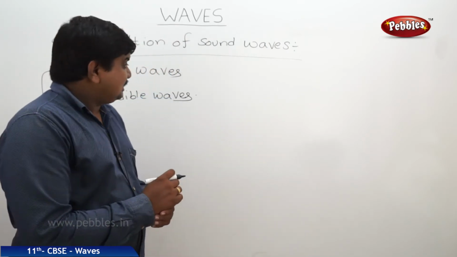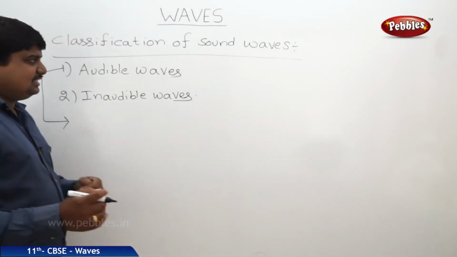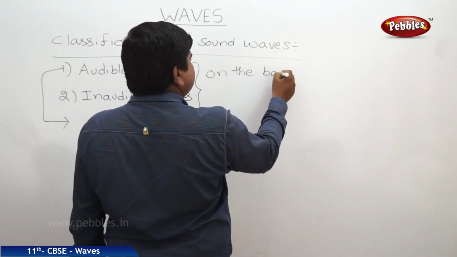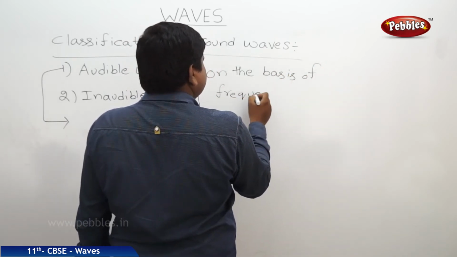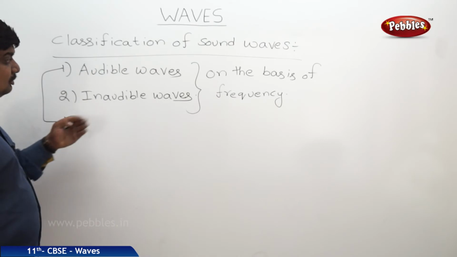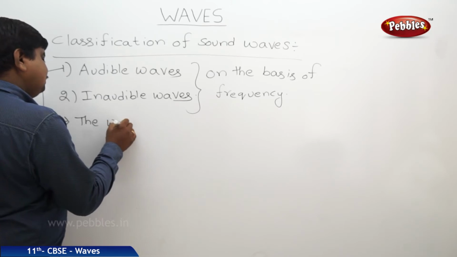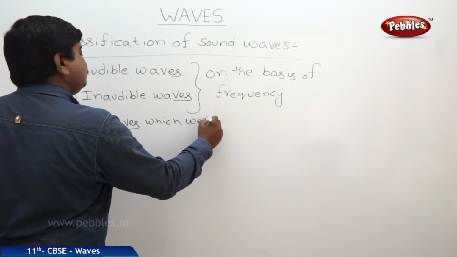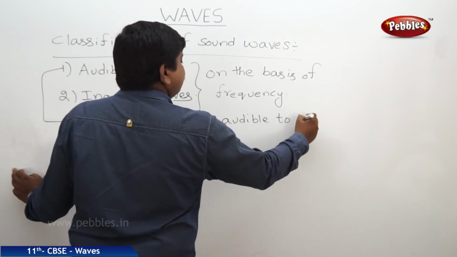The difference is frequency. So audible waves means the waves which are audible to the human ear.